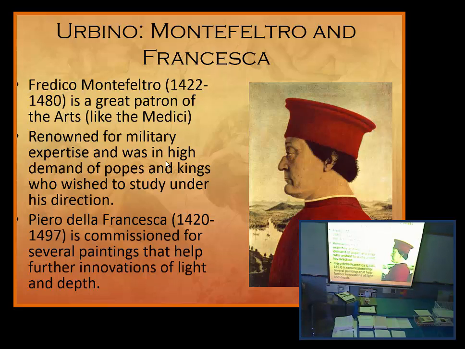Montefeltro had a section of his nose removed, in part because it started with battle, when he took a sword to the face, and then he had the rest of it removed, instead of letting it heal, because he wanted to be able to look around both sides of his head. That's intense.